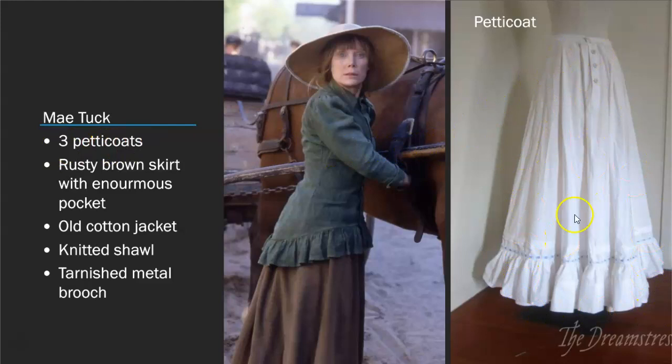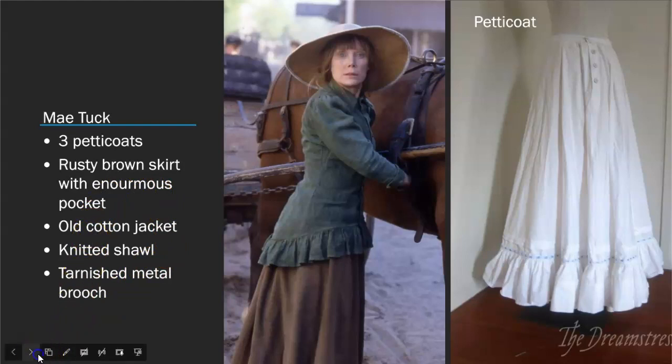She had 3 of those layered on top of each other, a rusty brown skirt with an enormous pocket, so she could fit all sorts of things in it, an old cotton jacket, a knitted shawl, and a tarnished metal brooch. She was not exactly showing a lot of wealth, and her clothing was very worn and old.